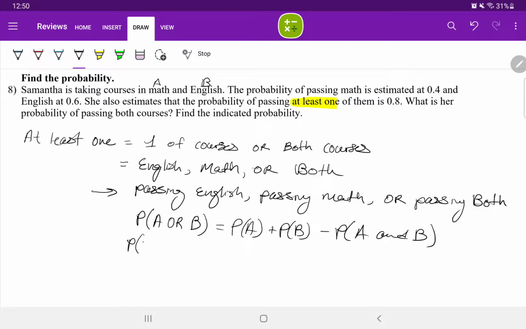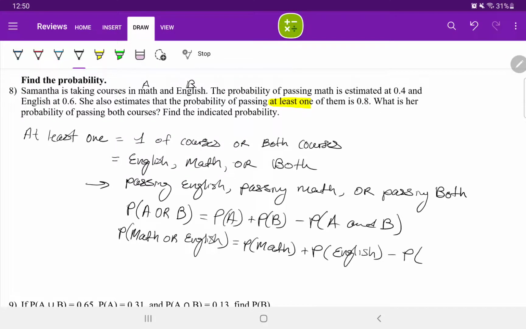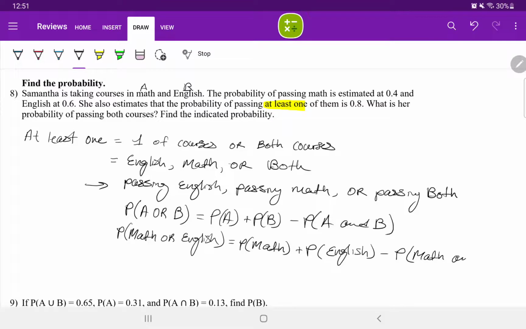So the probability of passing math or English will equal the probability of passing math plus the probability of passing English minus the probability of passing math and English, which is passing both. I'm going to abbreviate English as ENG.